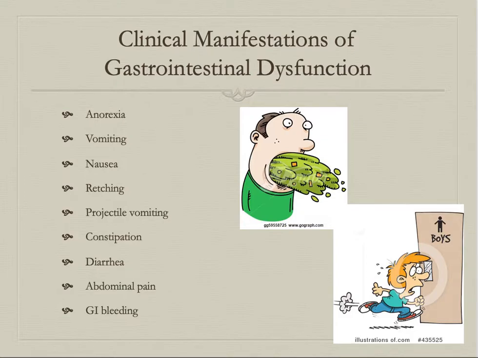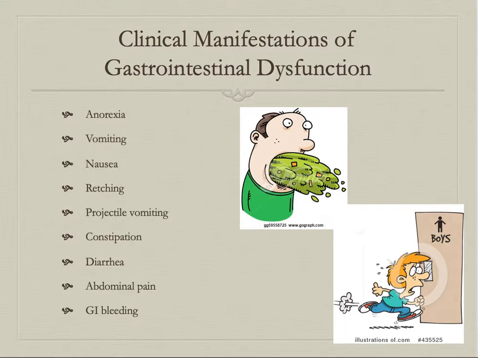Retching is like gagging, dry heaving, non-productive vomiting. Projectile vomiting shoots across the room, is typically very sudden, and is not accompanied by nausea. It's very forceful, and it does have some momentum behind it.